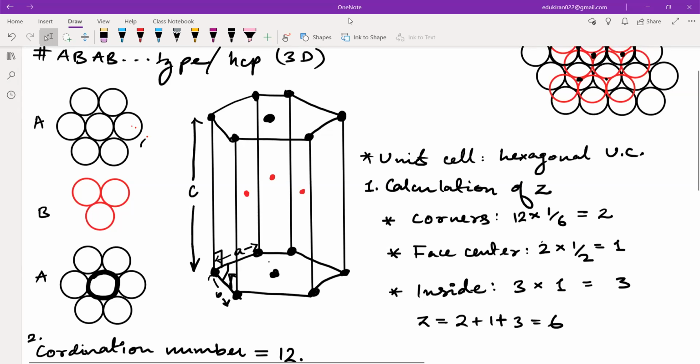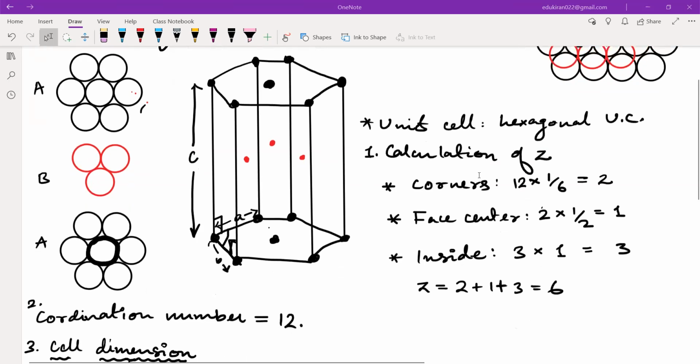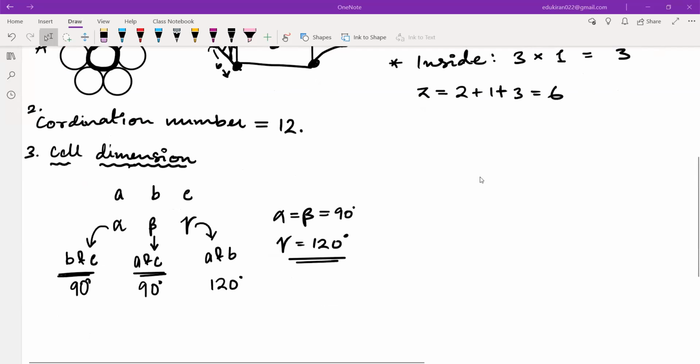Okay. So when we were learning about HCP in 2D, we found out that the area of the regular hexagon that we have as the base layer is 6 into root 3 by 4 a square.